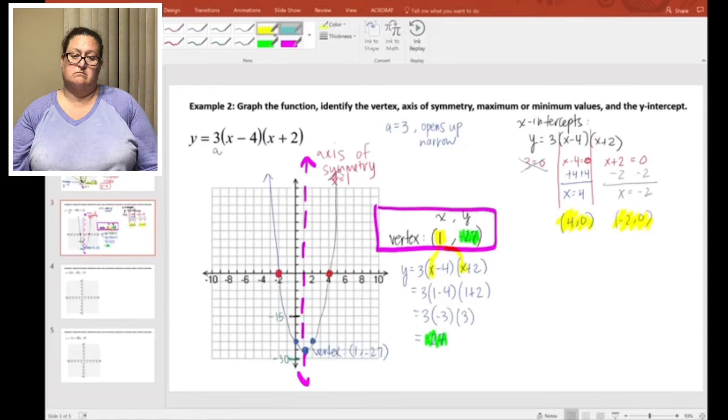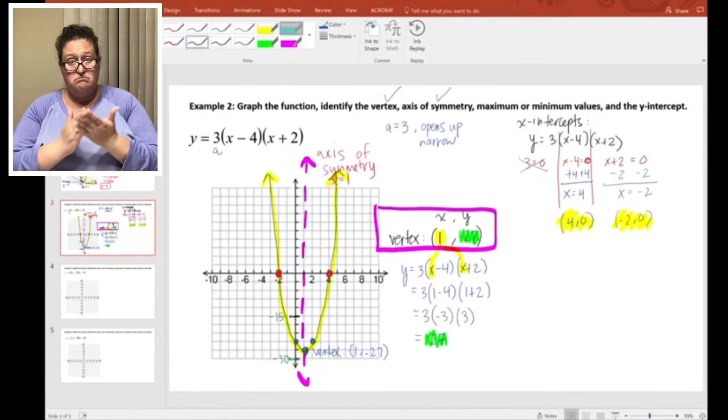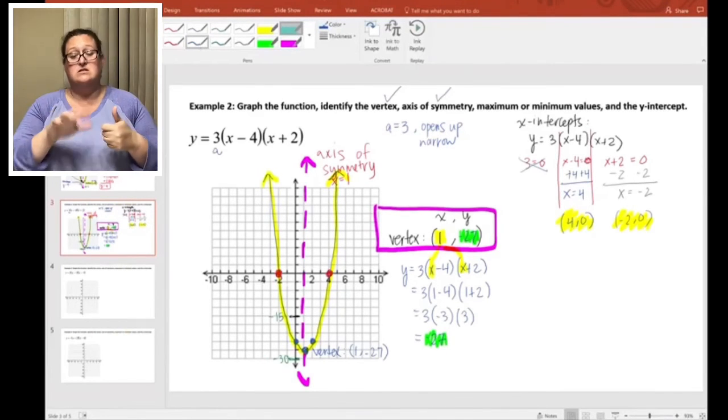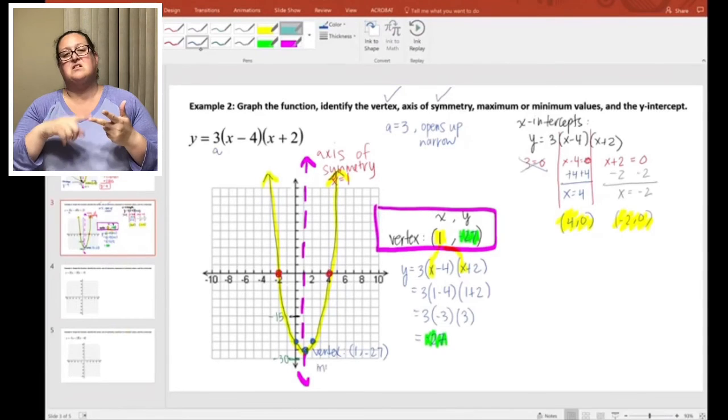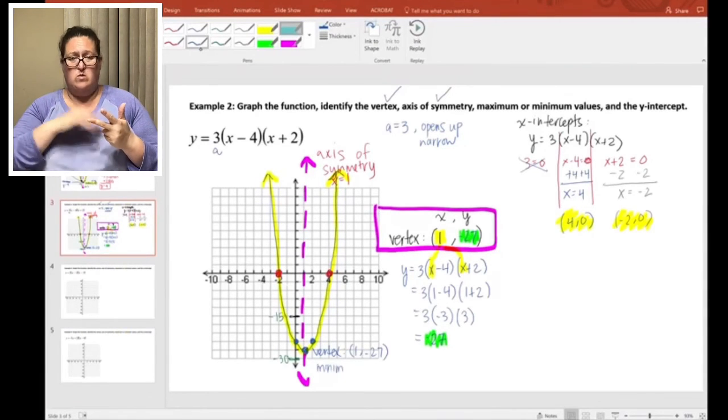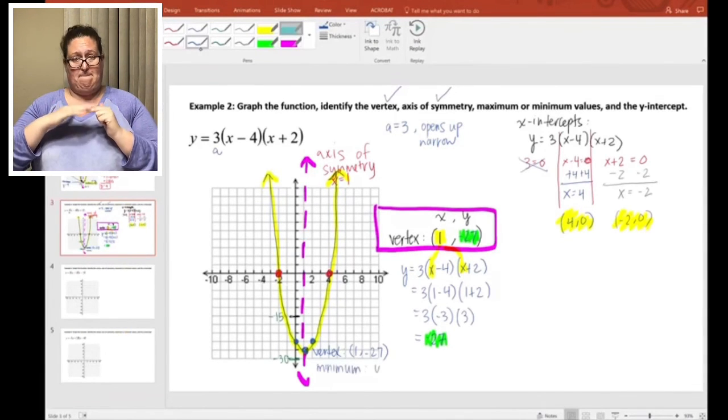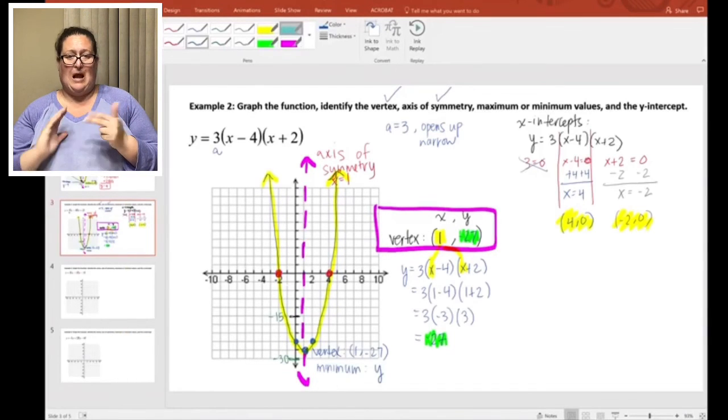Highlight it. Label the parts. We have our vertex. We have our axis of symmetry. The vertex is the lowest point, so we are going to have a minimum. And our minimum y value is at negative 27.